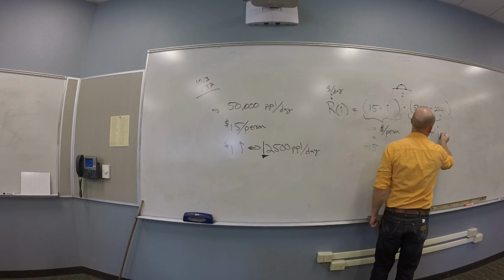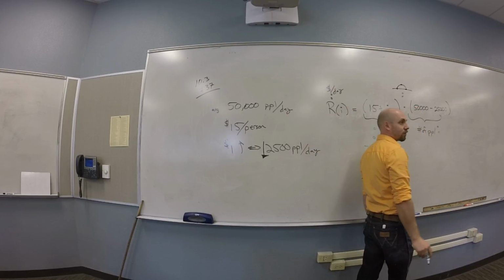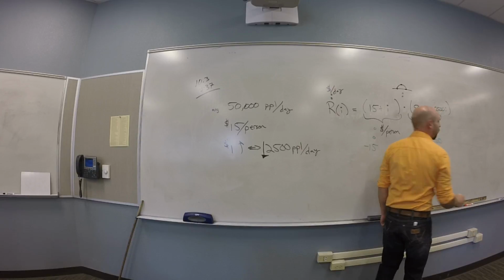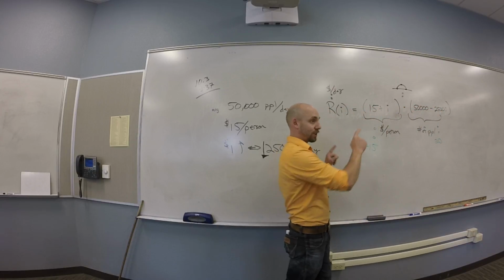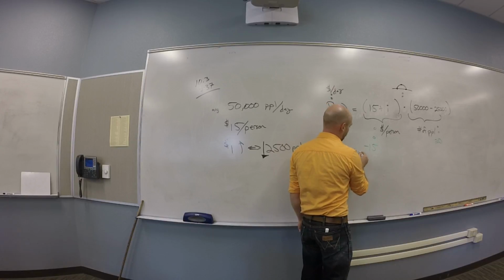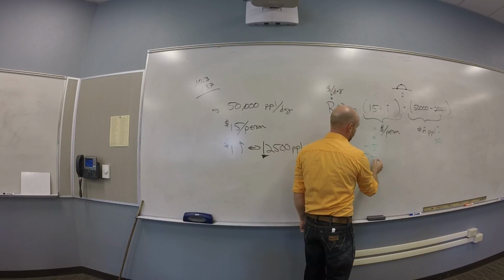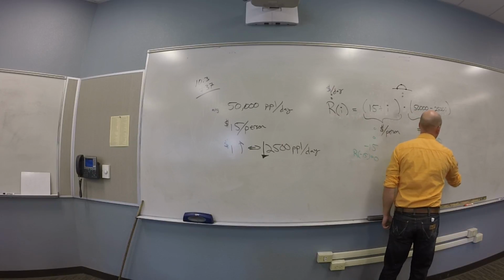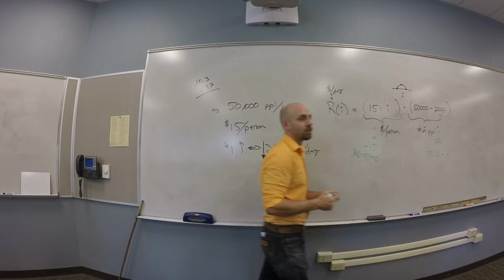Over here, at 20, if I increase ticket prices to $35, no one will pay that to come to my park. So my intercepts are really R of negative 15 is 0, and R of 20 is 0. You make no revenue at those two values.